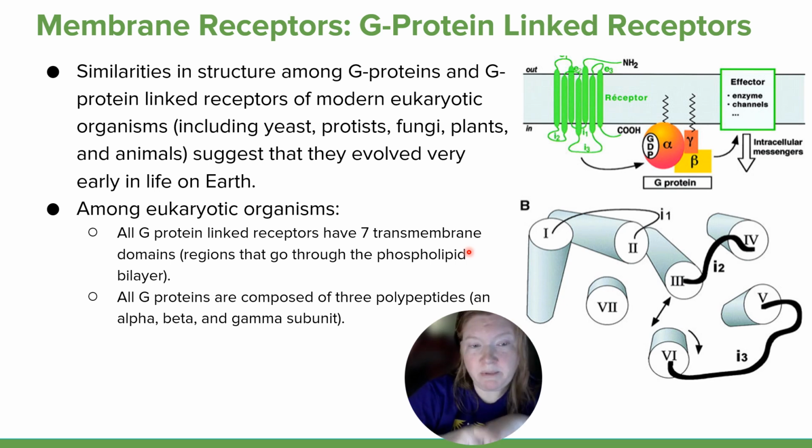And all G proteins are composed of 3 polypeptides. They have the alpha, beta, and gamma subunit. Most of the time, we're just focusing on the alpha subunit because that's where the GDP is bound. But every single G protein has an alpha, a beta, and a gamma subunit. So this, again, is evidence of evolution.